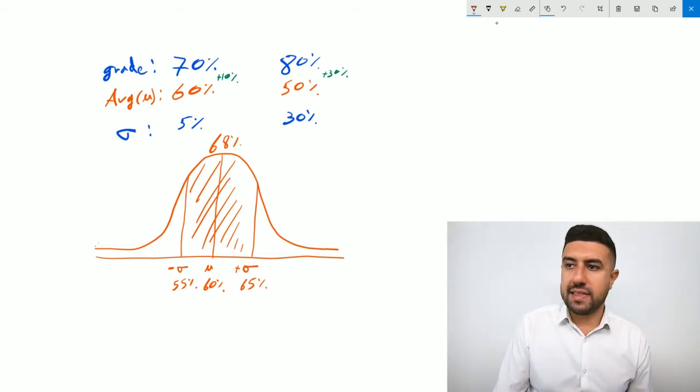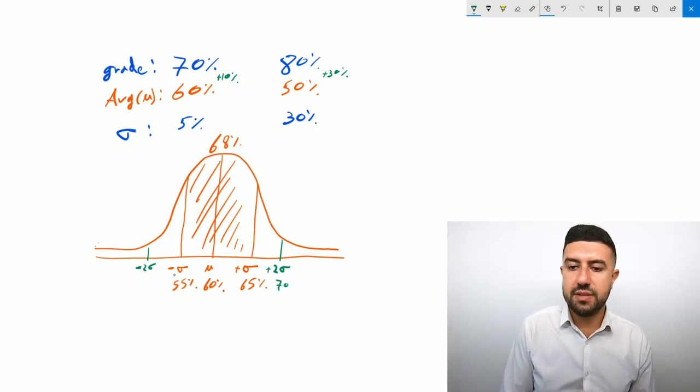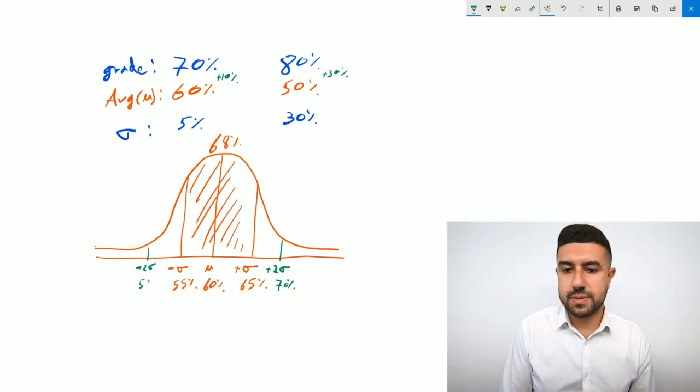Now, if we want to look at two standard deviations around the mean, plus and minus two standard deviations, well, another standard deviation, so another 5%, would be 70%, and here would be 50%.